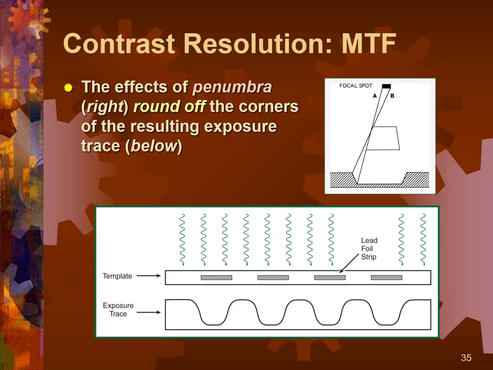All right, so modulation transfer function. Our object has a frequency of radiopaque, alternating radiopaque and radiolucency. That creates an exposure trace diagram that looks kind of like a sine wave. Okay, but as those lead strips get closer and closer together, our ability to represent a true crest fades because the edge gradients start to overlap.